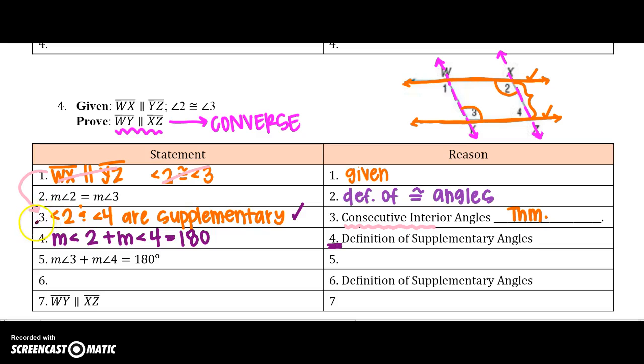So I use number 3. Now I have number 2 that I need to use. Can I use number 2 and number 4? Oh, well, I can maybe substitute where number 2 is. I can put number 3. So that's where they got number 5. Measure of angle 3 plus the measure of angle 4 equals 180. And I'm going to use substitution.